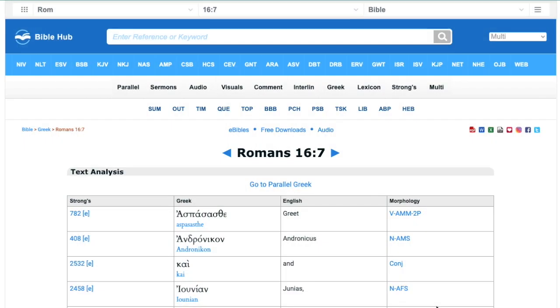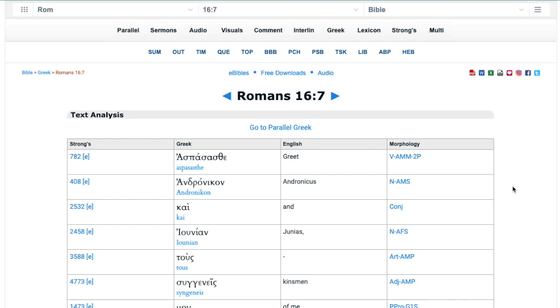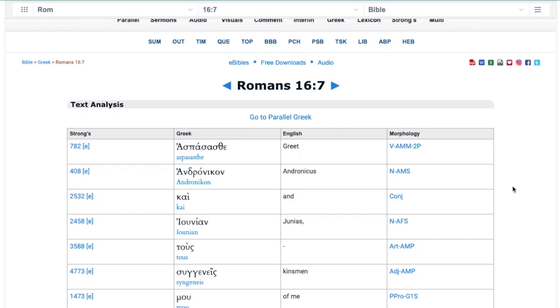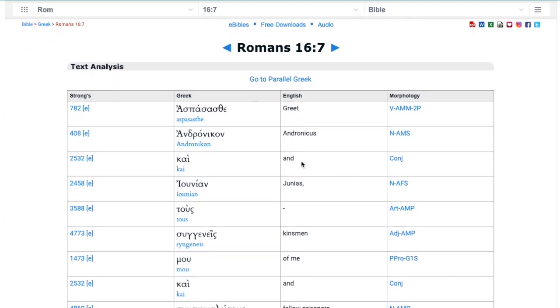All right, so I have pulled up here Romans 16:7 right now in the Greek, and then we'll look at a bunch of different English translations. But I just want to show you a few things. Okay, so the Greek reads this way.